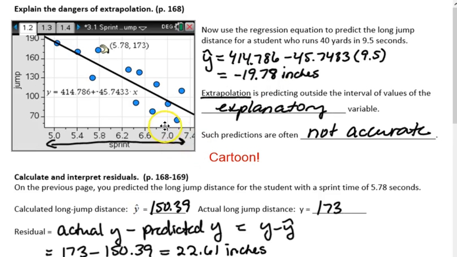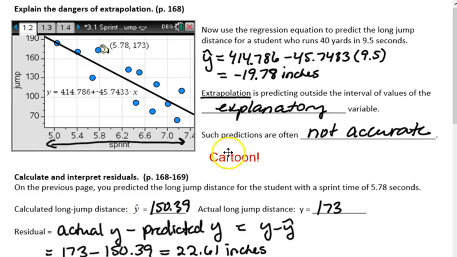It's saying somebody who runs pretty slowly jumps backwards. They can't jump forwards any distance at all. That makes no sense. It turns out when you extrapolate, or predict a value that is outside of the range of the original explanatory variables in your data, sometimes those predictions are not very accurate. So you have to be careful about that.